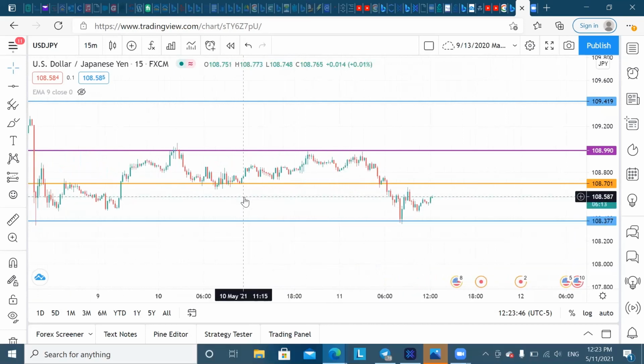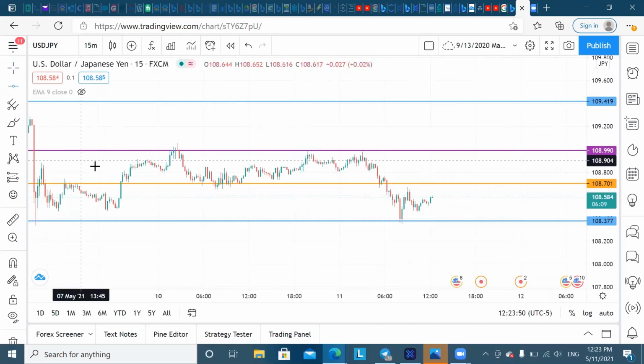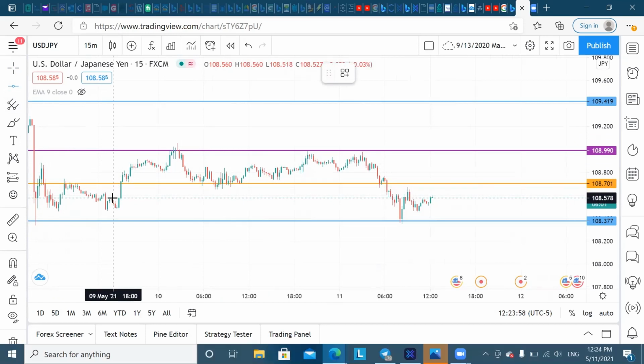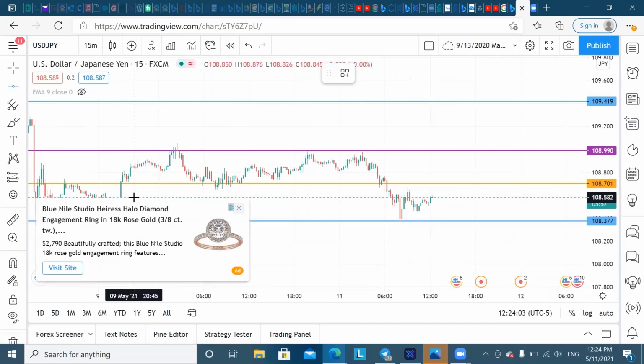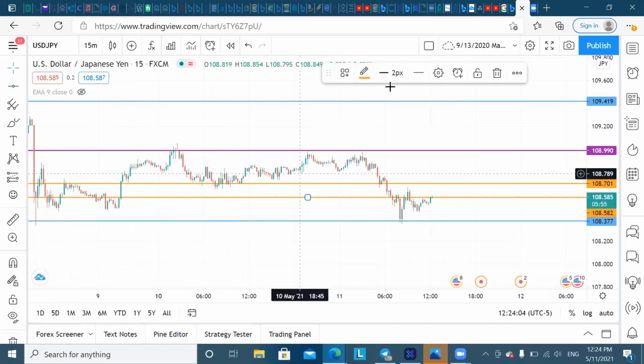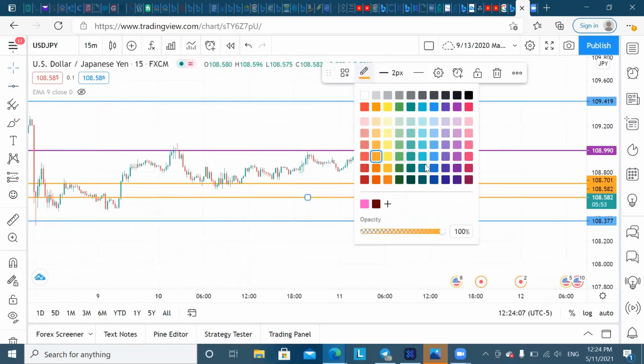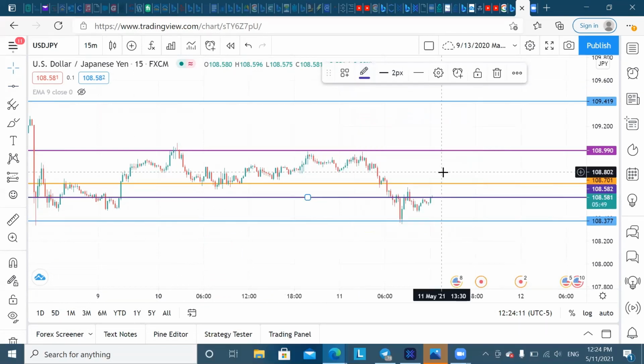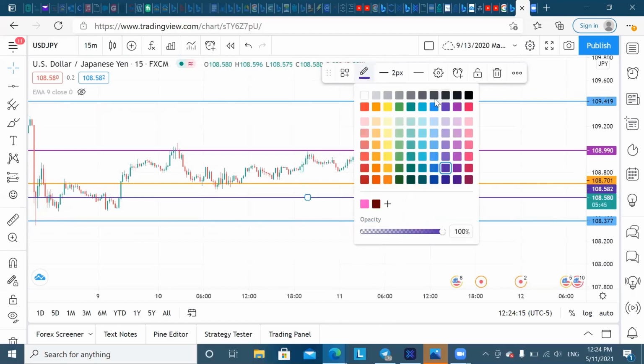And I may mark a 15-minute zone here, possibly. Let's go with a different color.